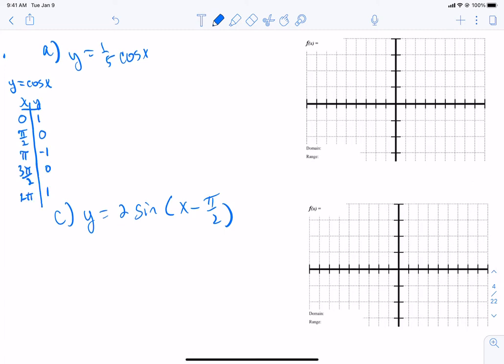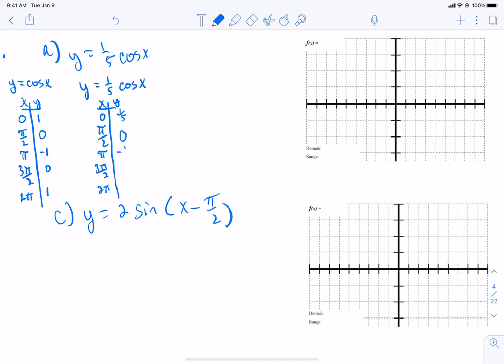Now those are the original for the cosine. So if you think about order of operations, our 1/5 in front, you might recall, changes our amplitude. So we're just going to multiply all of the original y's by 1/5. So 1 times 1/5 is 1/5. 0 times 1/5 is 0.